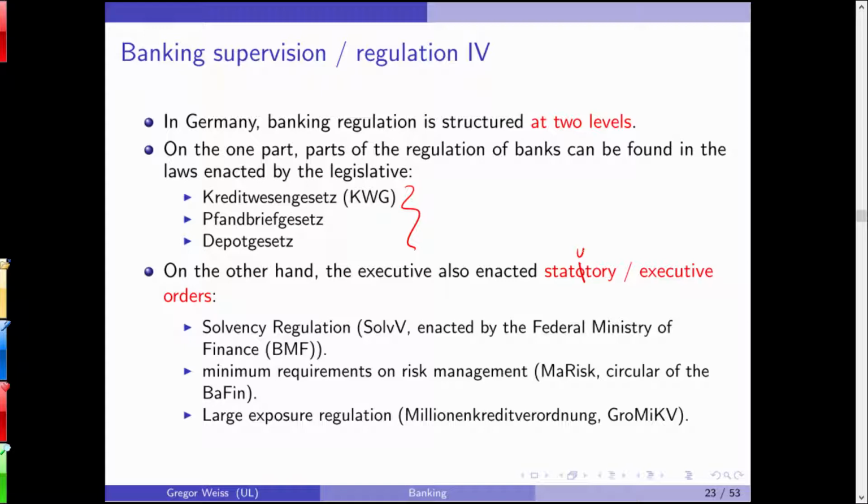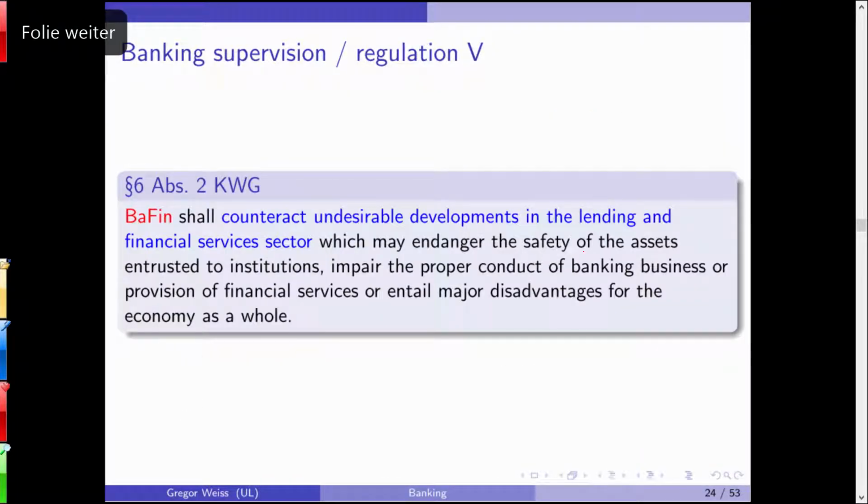The Parliament has simply said that BaFin can do whatever it wants as long as it is within its boundaries, within its responsibilities and duties, and as long as BaFin guarantees financial stability. And these are executive orders by the Ministry of Finance, by Deutsche Bundesbank, by BaFin, and this is especially what regulates banks and financial markets here in Germany.